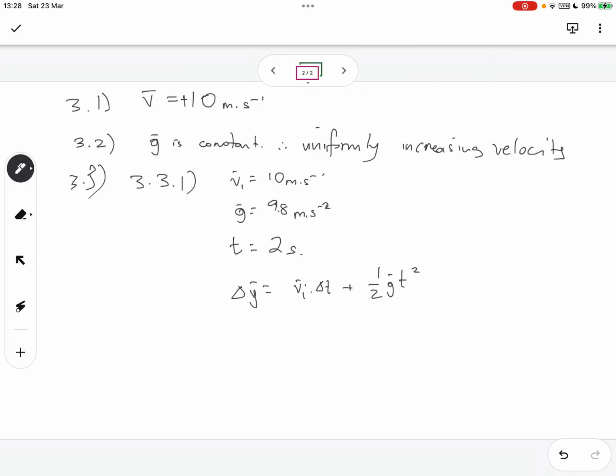And this change in displacement would be y minus y initial, and this equals vi delta t plus half g t squared, and y equals yi plus vi delta t plus a half g t squared.